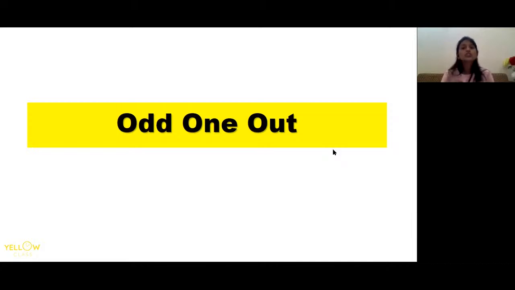Odd one out means which is different among the pictures given, or the picture which does not belong to the group. Okay, so I'll share one or two examples just to understand the concept of odd one out. I think almost all of you would be knowing it, but let's quickly revise it and then we will find the odd one out for the questions of symmetry.